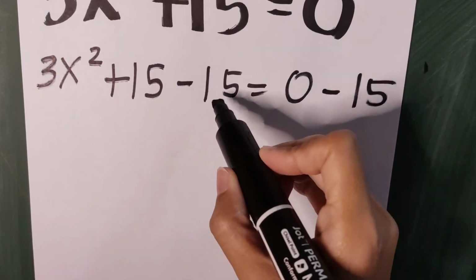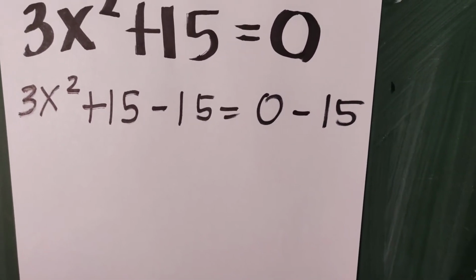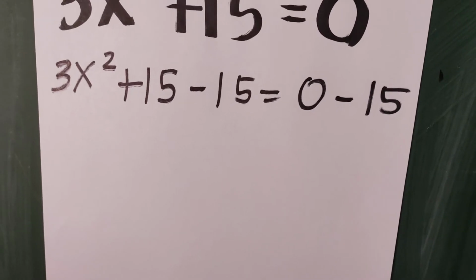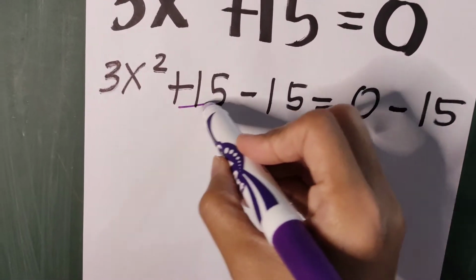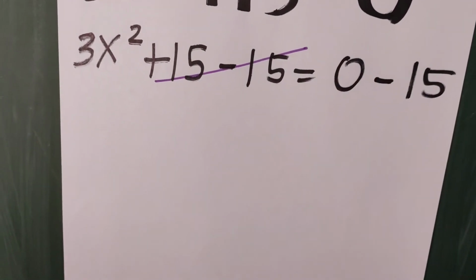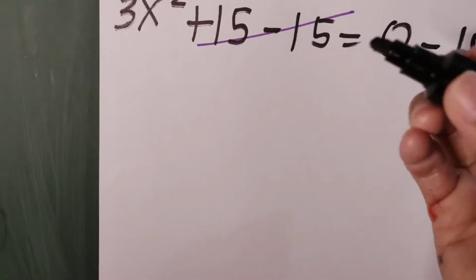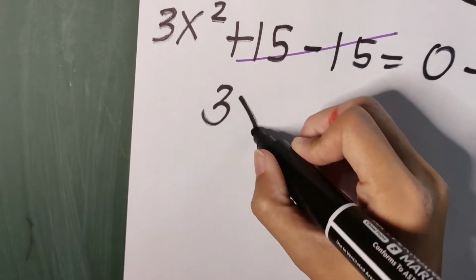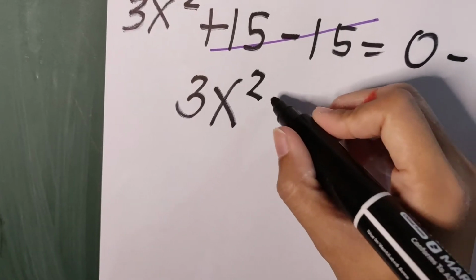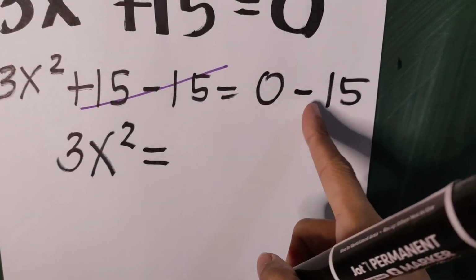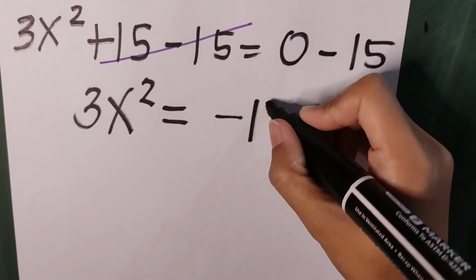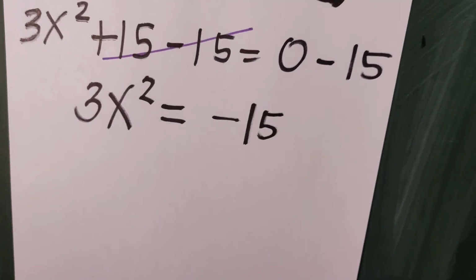We subtracted 15 on both sides of the equation. So again, positive 15 minus 15 is 0. So simplifying, we have 3x squared is equal to 0 minus 15 is negative 15.